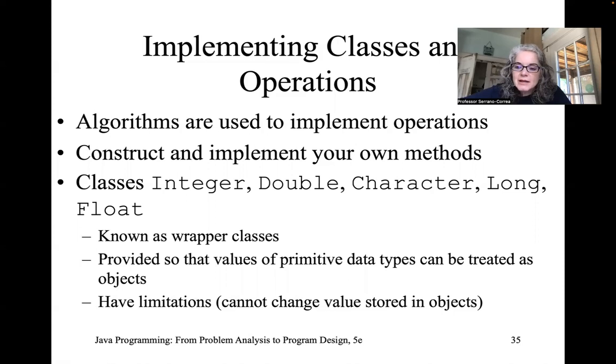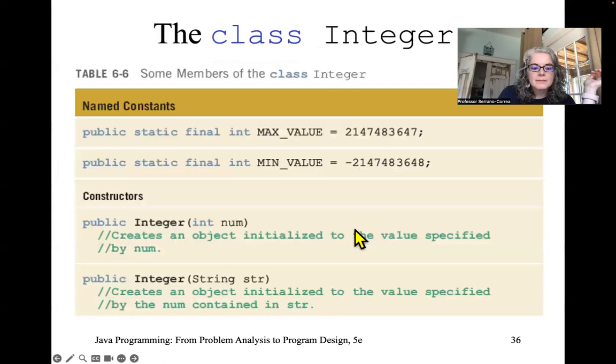So a wrapper class takes a primitive data type and converts it to an object so that you can use it in other classes that can only take objects. And here's how they work.